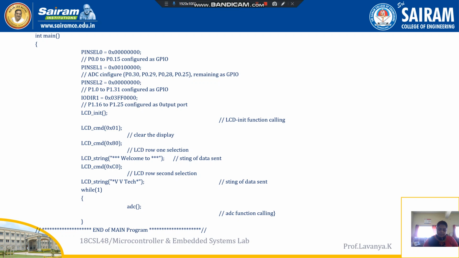Then it contains two registers: the control register as well as the global data register. Our ADC contains the control register as well as the global data register, along with the command. Here I am going to use the command register, which is supposed to display the first value.